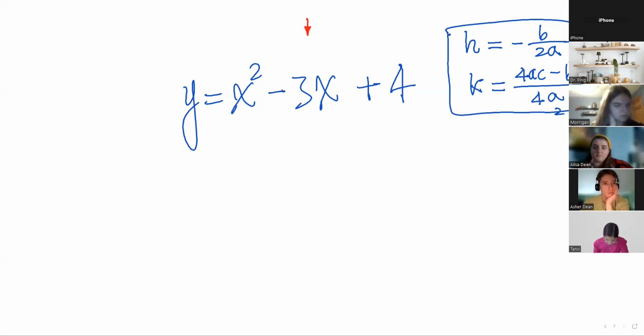Three over 2 times A. And then K is equal to C minus B squared over 4A. I might be the only one still not getting this.